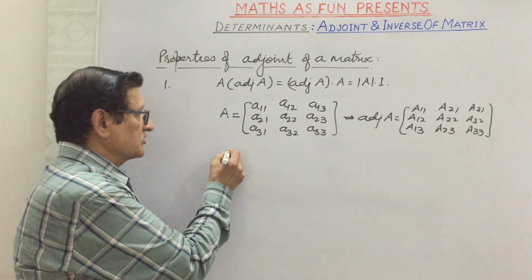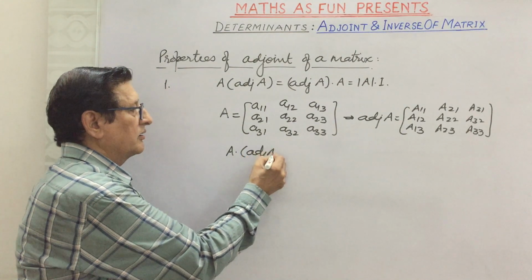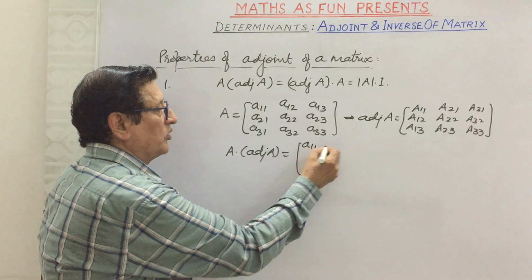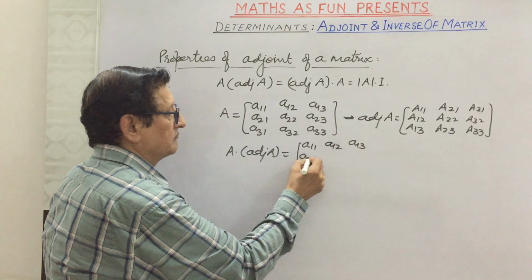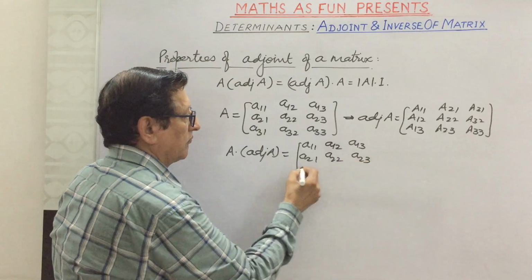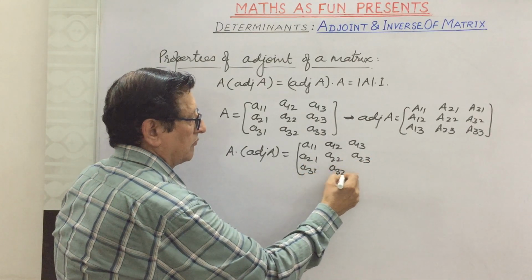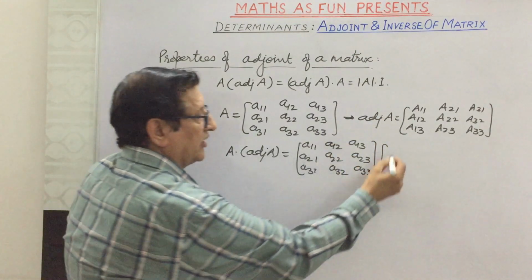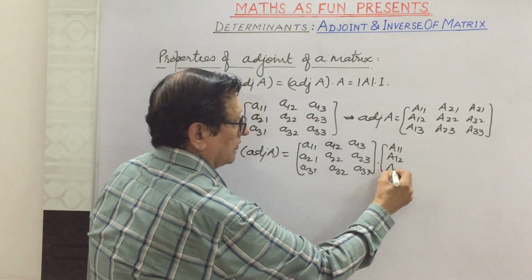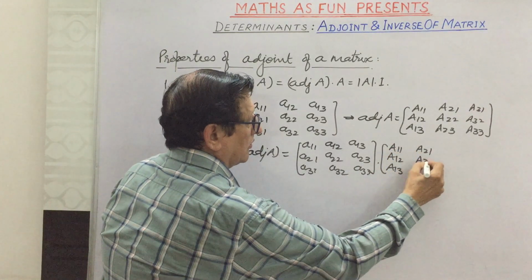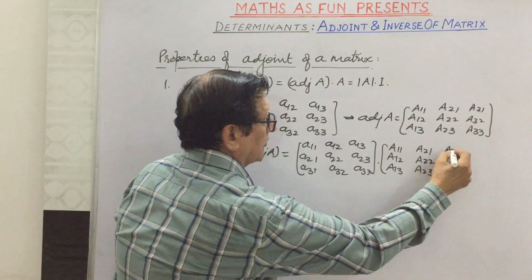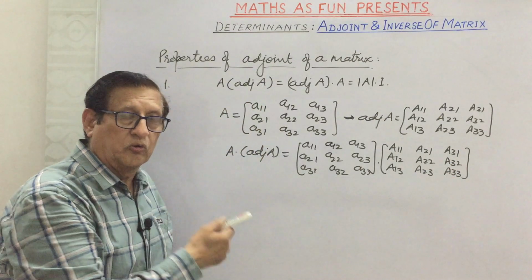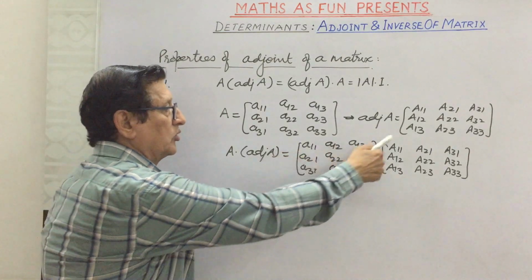If we find the multiplication of A with adjoint A, that will be A11, A12, A13, etc., into adjoint of A. Now we know that matrices are multiplied by row to column.